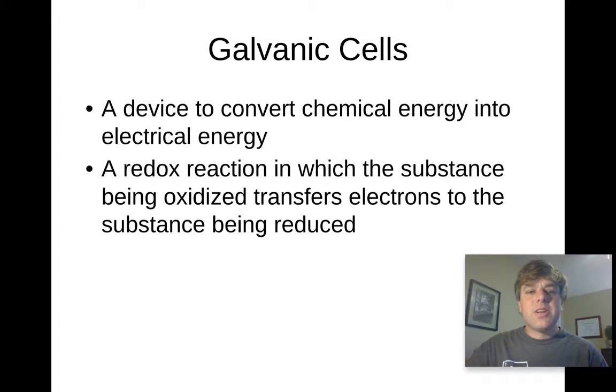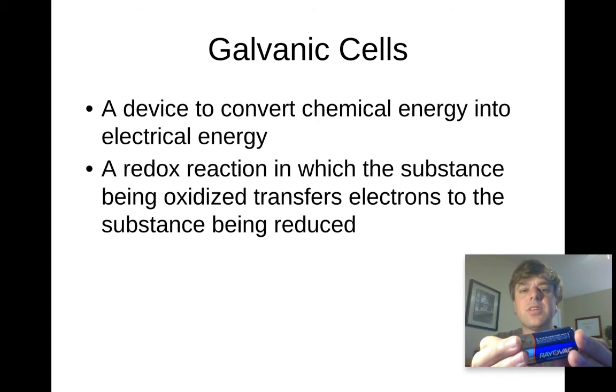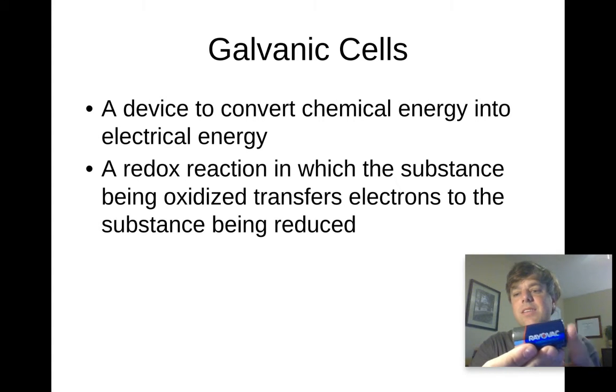And there's a redox reaction that takes place, and the substance that's being oxidized transfers its electrons to the substance being reduced. And if you look at how this actually works, in the oxidation part, electrons are being lost out of the negative end of this cell, because electrons are negative, and they flow through.